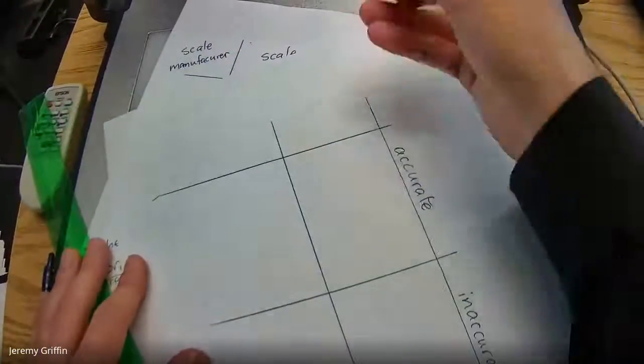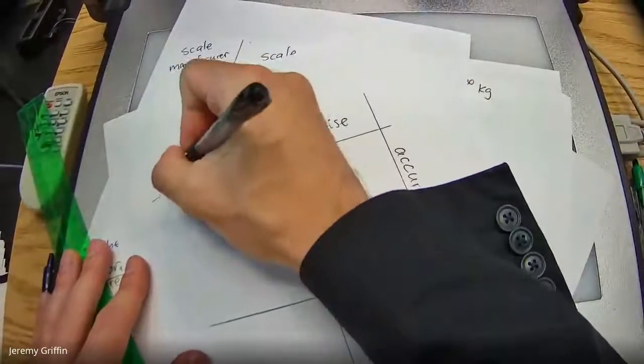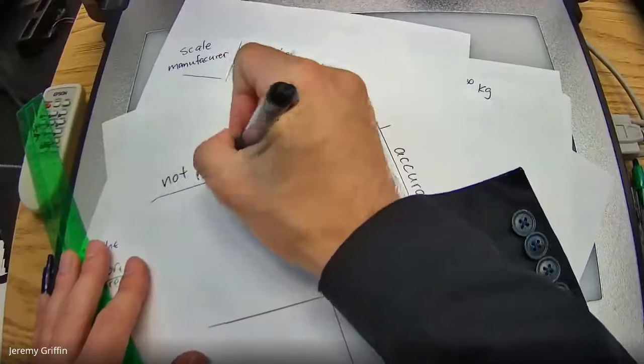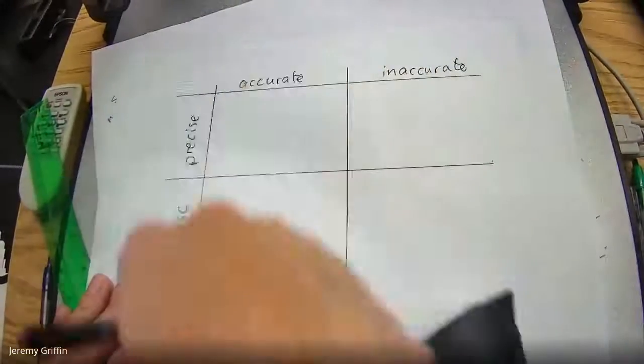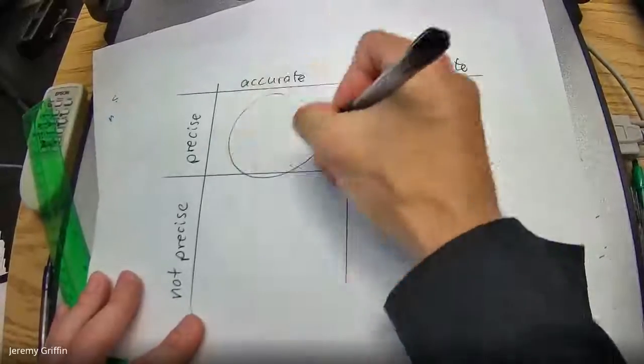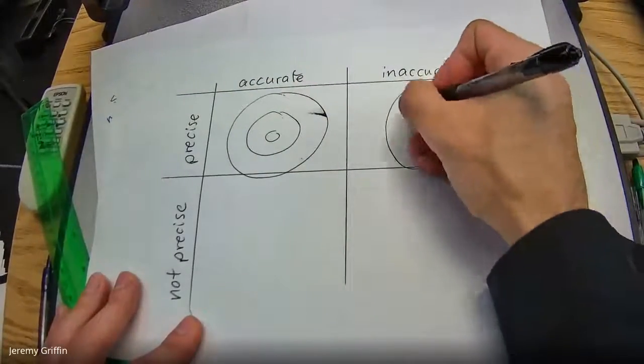And the other axis will go precision, so precise and not precise. Okay. So accuracy, precision. We're going to do a dartboard analogy, like a target going on for each one of these quadrants.